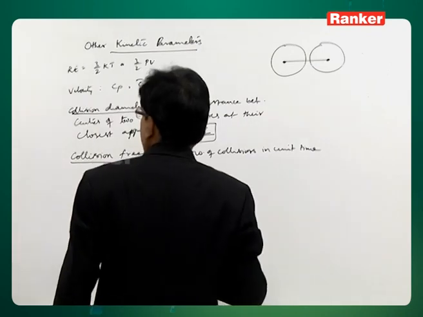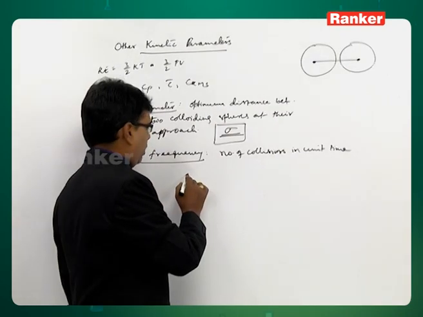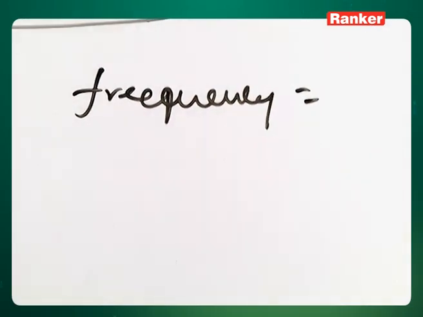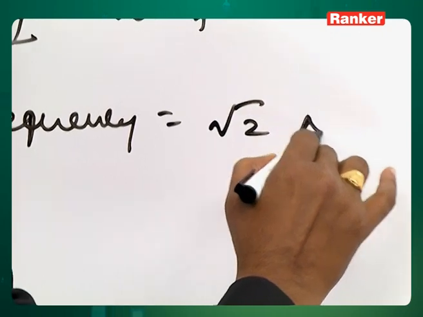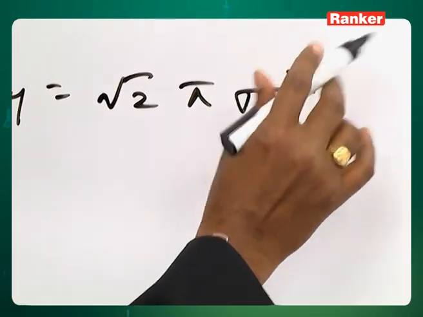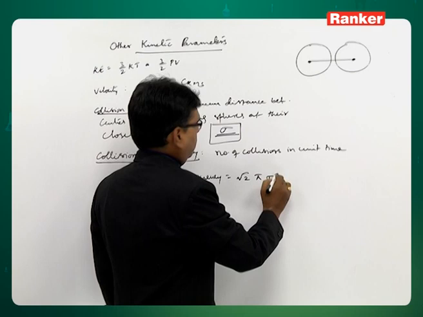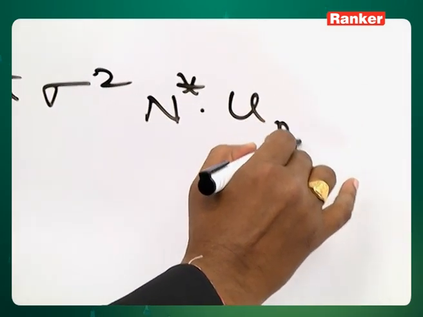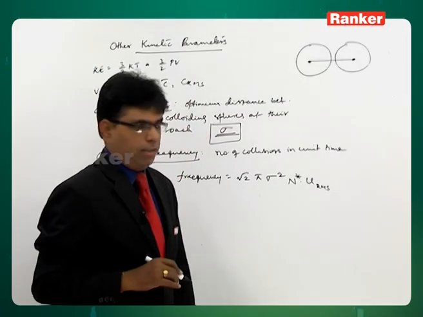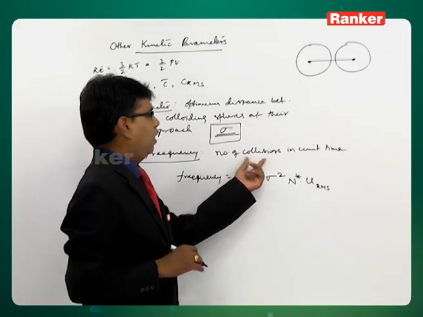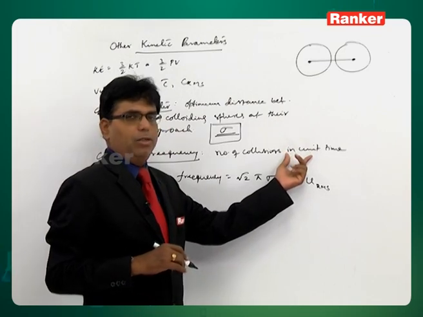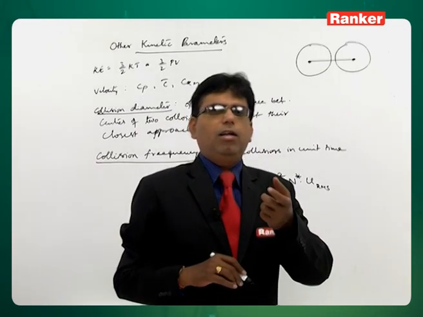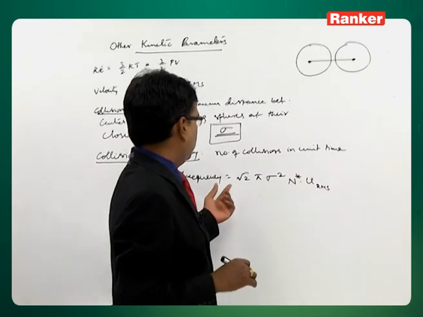So for that, the collision frequency is equal to root 2 pi sigma square n star u RMS. The number of collisions taking place in unit time is what we call the collision frequency, right.